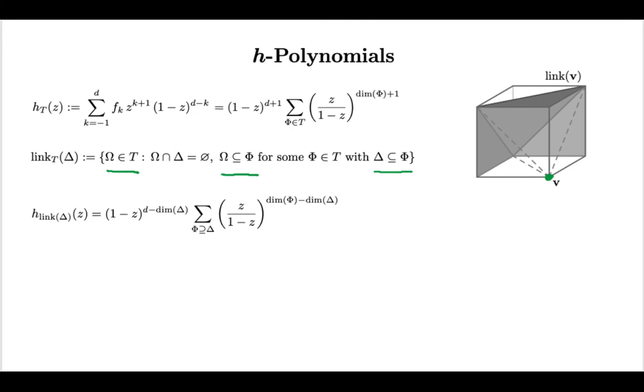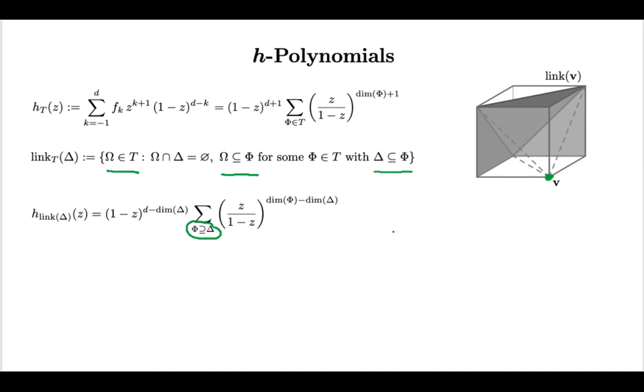In section 10.2 in the book, you can see a definition straight from face numbers, but I like this definition here because you can see how it compares to the top line, my alternative definition of the h polynomial of the triangulation. So the sum over here is over all simplices containing delta. So again, I'm fixing simplex delta. I want to compute the h polynomial of its link. And so my sum over here is over all simplices that contain delta.